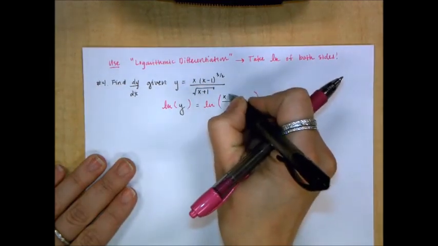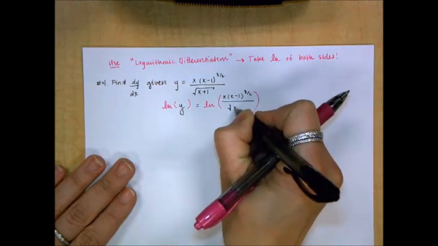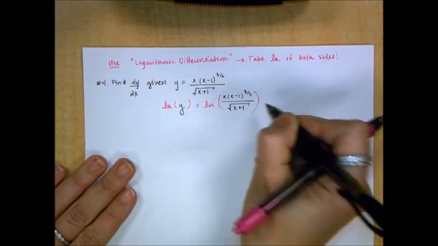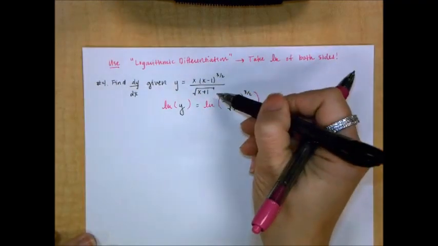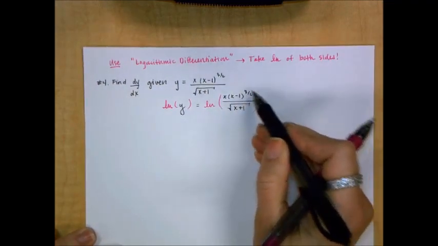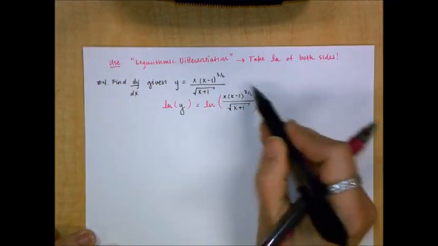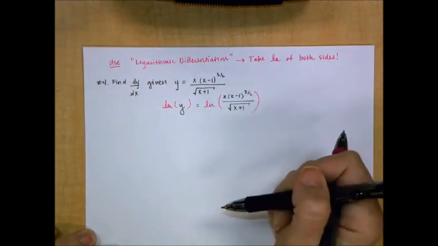We might not be the biggest fans of logs from what we remember last year, but why would we want to do this? It's quite a messy derivative without it. Now that I have introduced a log here, I can actually use my log properties to split this up. I can simplify this because now it's part of a log. You do have to deal with the fact that the left side's also a log, but we'll get to that in a minute.